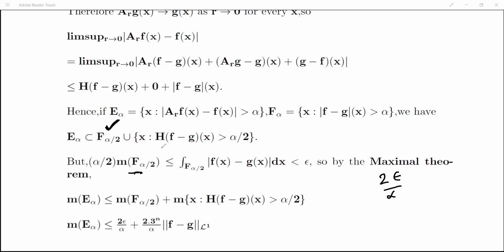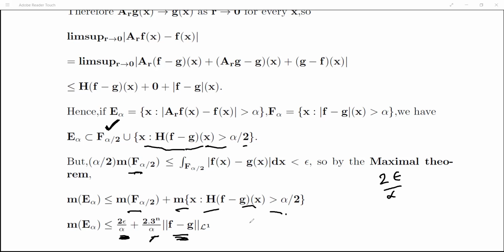And then how will you estimate the measure of this set? This is just the maximal theorem. We proved that the measure of this set will be bounded by 2 into 3 to the power n by alpha times the L1 norm of F minus G. This is just the Hardy-Littlewood maximal estimate. And the measure of F alpha by 2 is bounded by 2 epsilon by alpha, and then you are done.